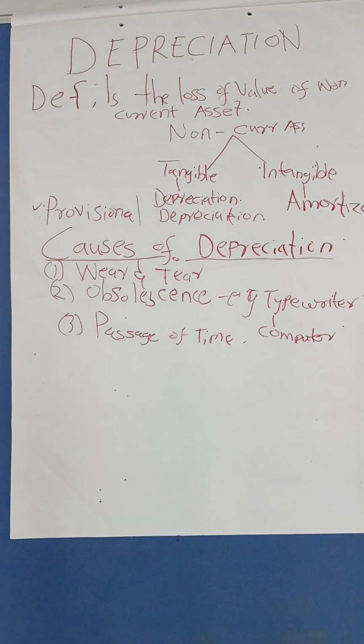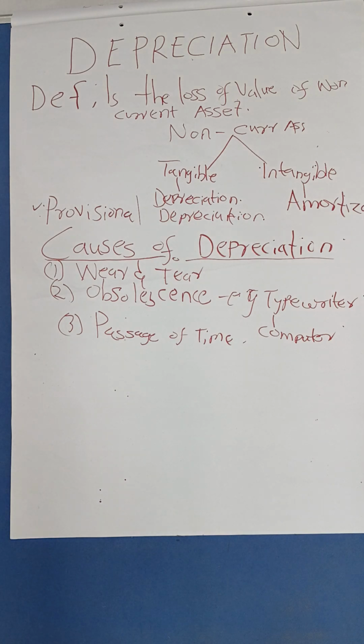After another 5 years, you realize that there's passage of time. There's a time you have used that machinery or asset. So it means it has undergone depreciation, and there is loss of value.